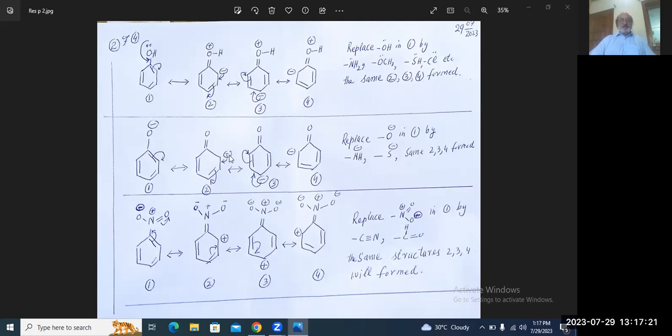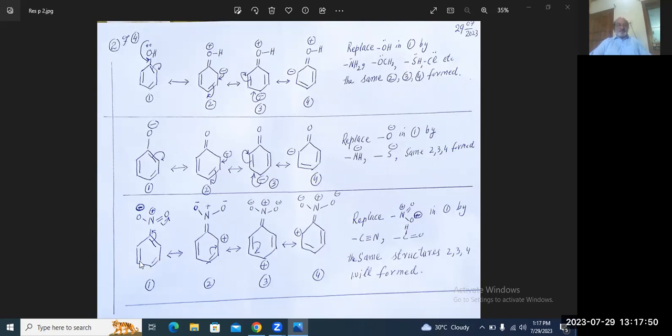We will get a negative ion here, and so the resonance would proceed like that. So if we replace O minus by NH minus or S minus, the same kind of structures like 2, 3, 4 we will get.